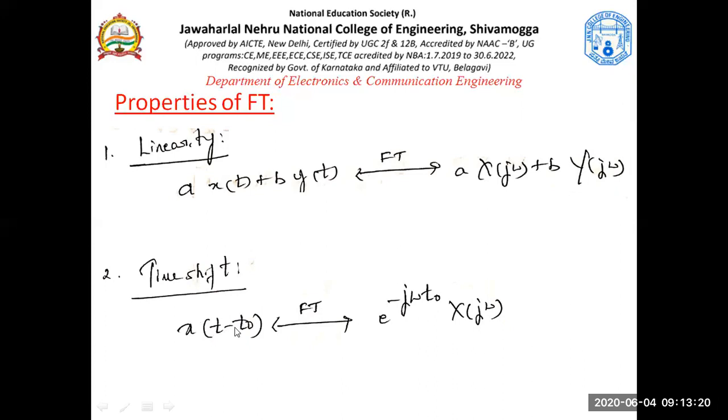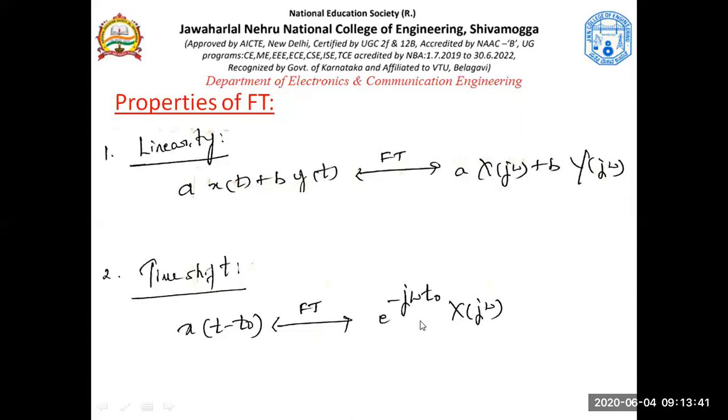This shift is reflected by attaching an exponential, e power j omega, to the power minus t naught.